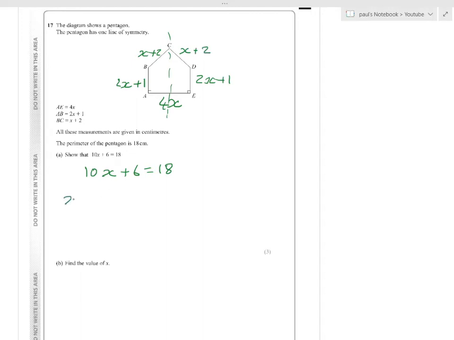So we've got x plus 2 plus x plus 2 plus 2x plus 1 plus 2x plus 1 plus 4x equals 18. Let's tidy this up. x, 2x, 3x, 4x, 5x, 6x, 10x, and 2, 4, 5, 6, plus 6 equals 18. Fine. Okay, let's pull that down.